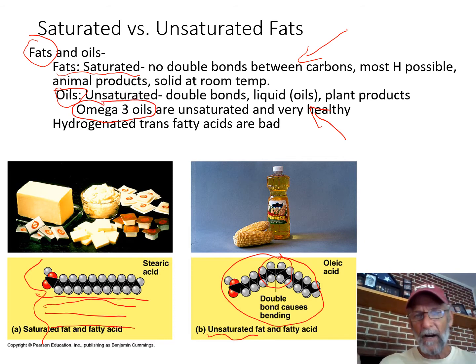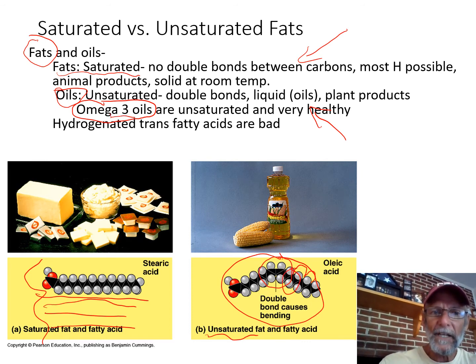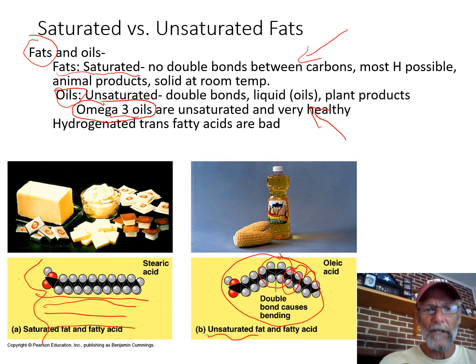These are the kinds you find in fish, for instance, fish oil, and some other kinds of plants make omega-3 ones. What that simply means, what's omega mean? Omega is like the end of the Greek alphabet. So if that double bond that makes it unsaturated is in the 3rd carbon over, that's an omega-3 fatty acid. So that's where the 3 comes from in the omega.